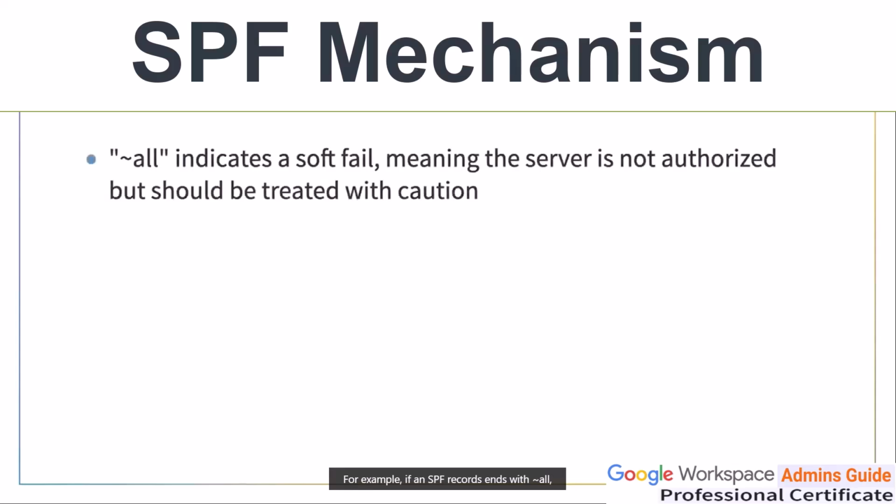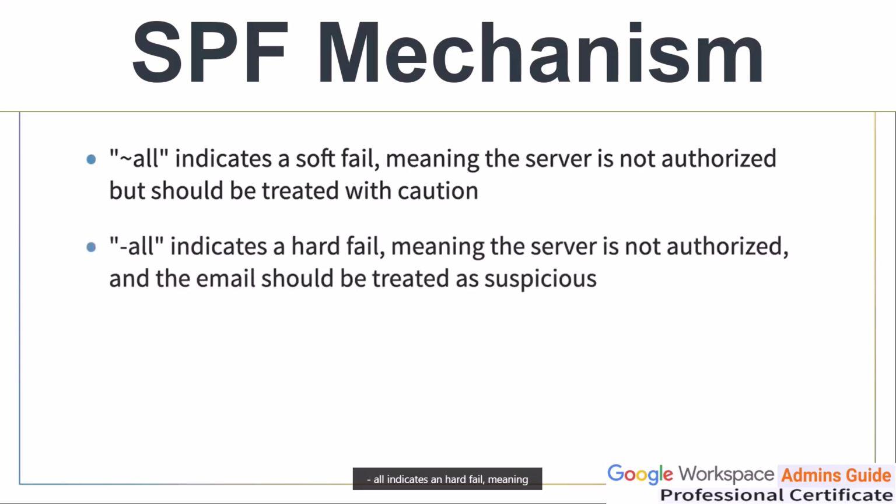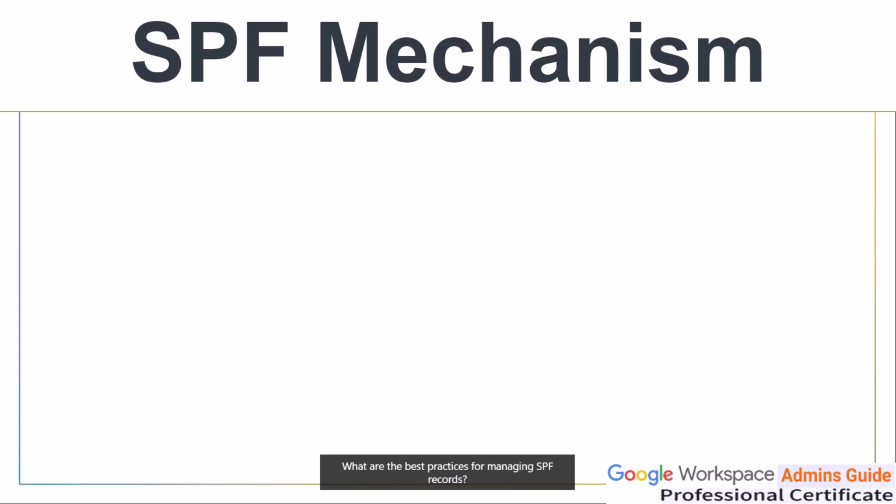For example, if an SPF record ends with ~all, this indicates a soft fail, meaning that if a server is not in the list in the SPF record, it should be treated with caution, so this will only increase the spam score for that specific email, but it will not necessarily force that email into the spam folder. -all indicates a hard fail, meaning that if the sending server is not authorized, the email should necessarily be treated as suspicious.